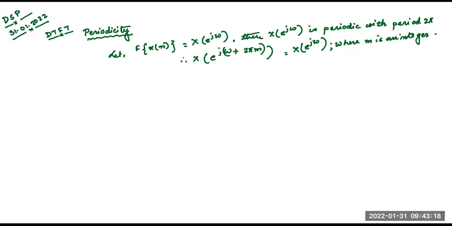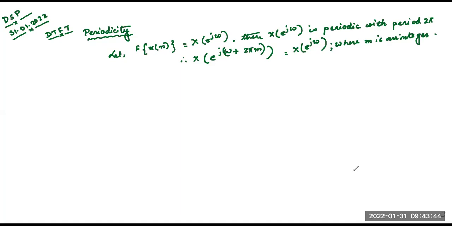So our question is that we have to prove this property. How will we prove it? It is very important. Let us see the sequence X of e to the power j (omega plus 2 pi).